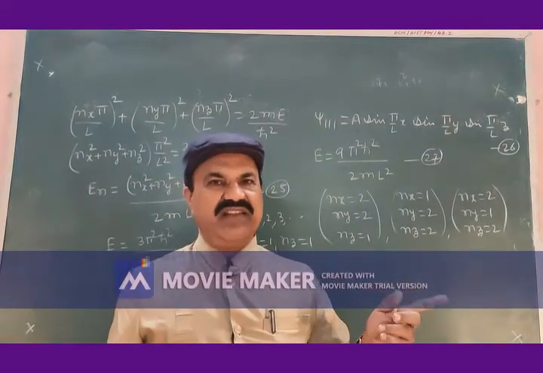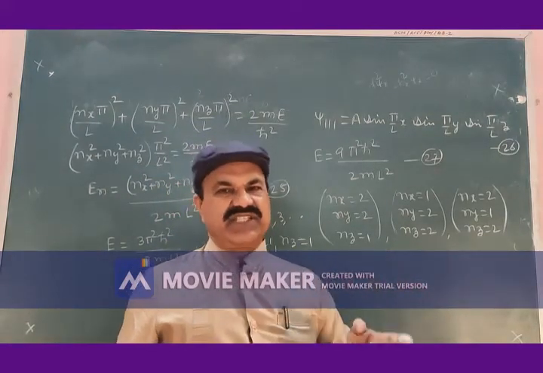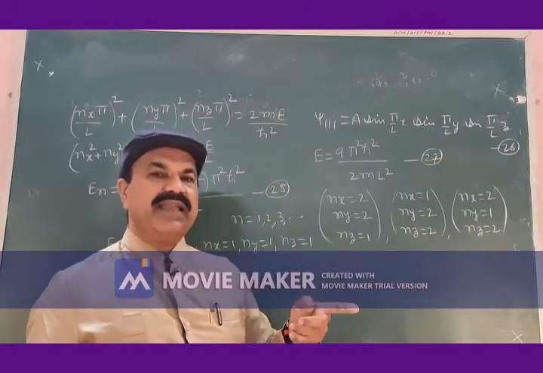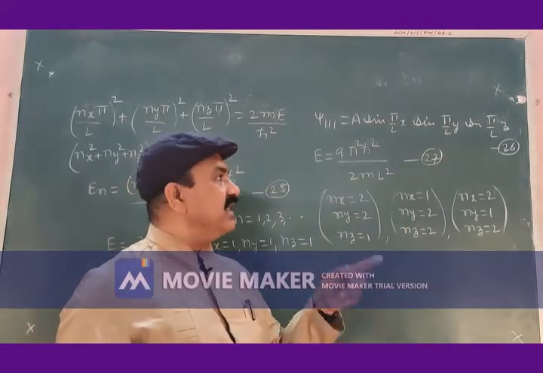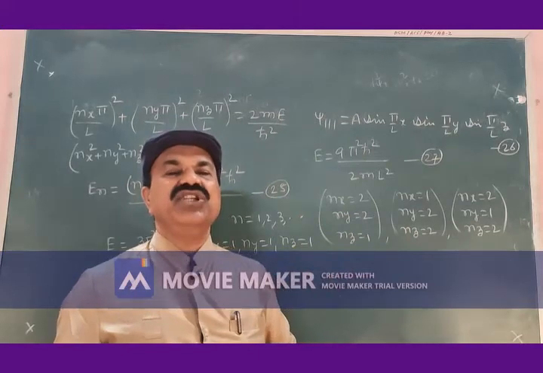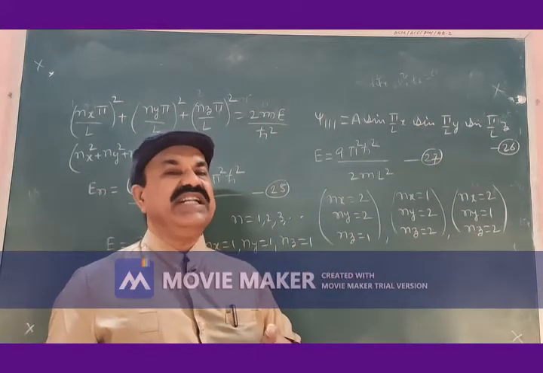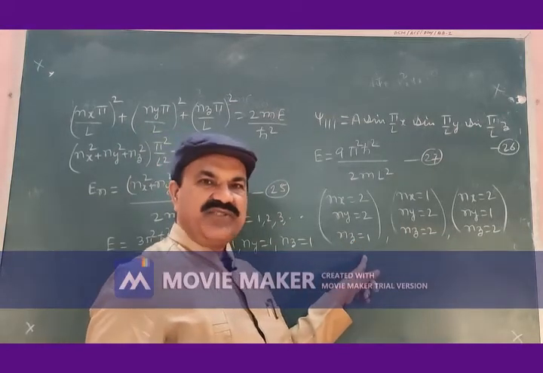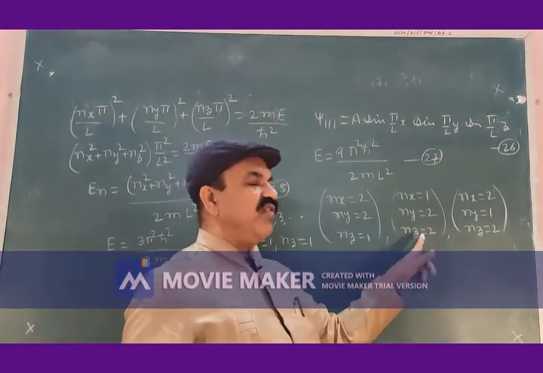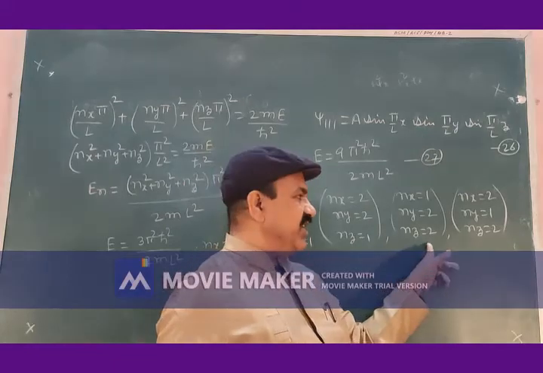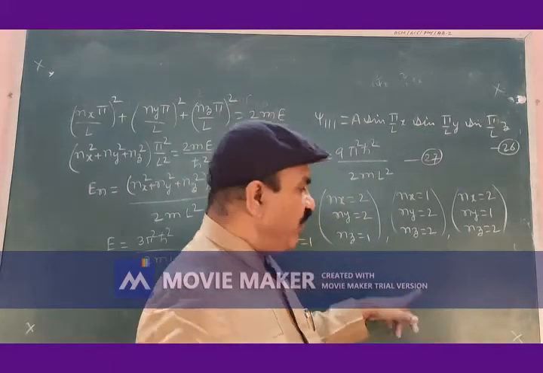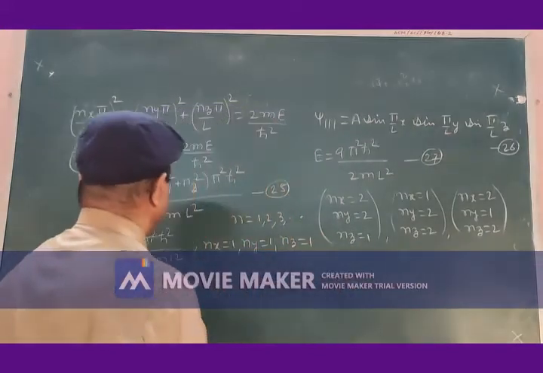As this energy level has three quantum states with the same energy, this energy level is threefold degenerate. The wave function of this quantum state is different from the wave function of this quantum state, which is different from the wave function of this quantum state.